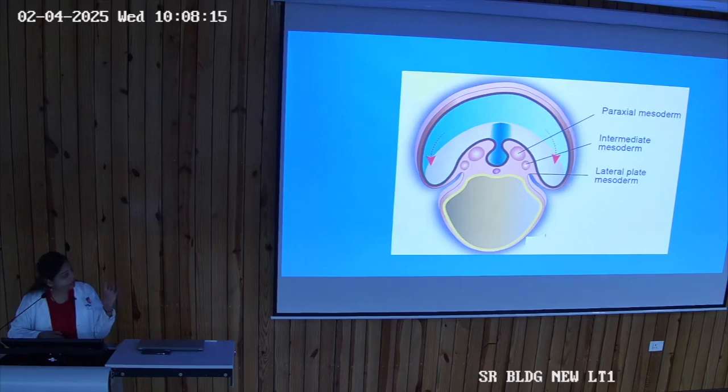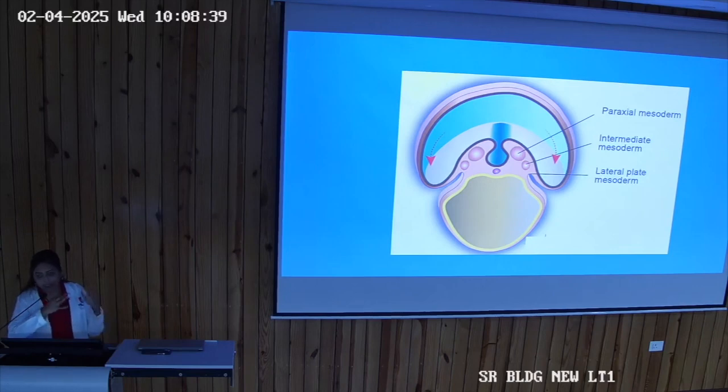Okay, so here in the middle part we have three parts of mesoderm. In between paraxial and lateral plate, we have intermediate mesoderm. Now this intermediate mesoderm condenses, it forms a cylindrical part throughout from the cervical region to the caudal region.